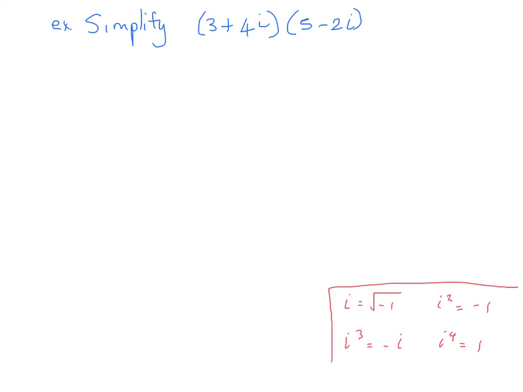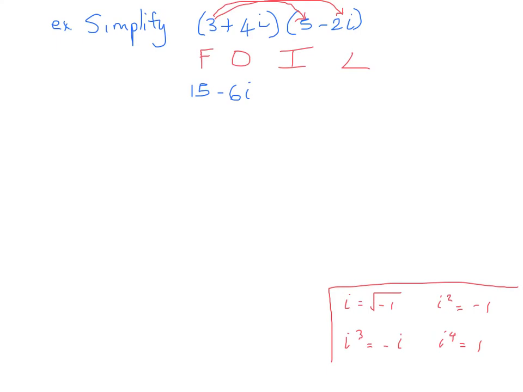The mnemonic we use to remember what to do here is FOIL: first, outer, inner, last. When we multiply the first term by the first term, we get 3 times 5, which is 15. For the outer terms, 3 times -2i, we get -6i.